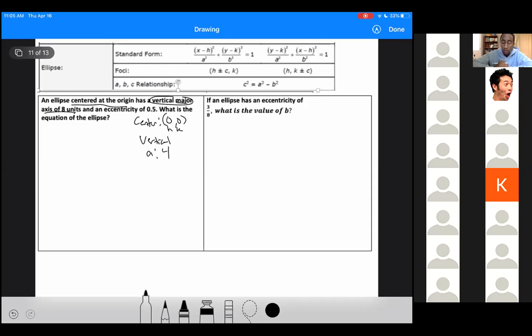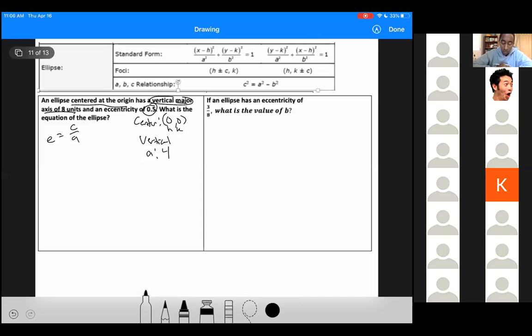So we have our center, we know it's vertical, we know the A. Really the only other thing we need is the B in order to write the equation, because we have H and K, we have A. So the information we have is that the eccentricity is 0.5, and eccentricity is C over A. Because the eccentricity is 0.5, that's a medium stretched ellipse, because 0 is a circle and 1 is really stretched out. 0.5 is kind of in the middle.